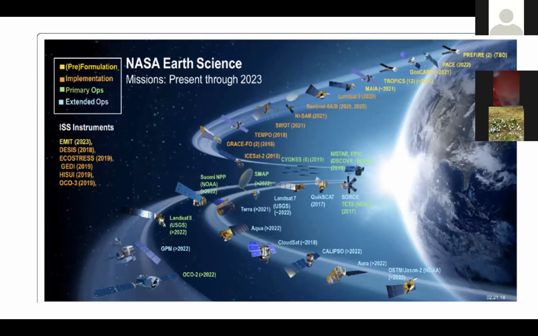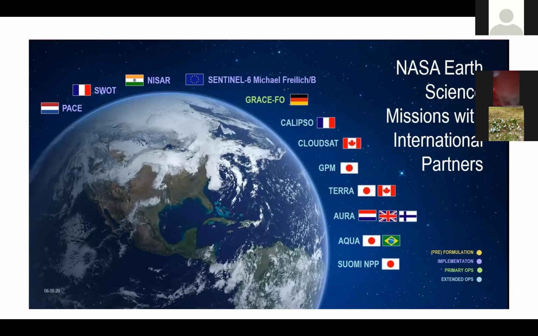Here are the NASA satellites and missions which are planned until the 2020s. So it's not an up-to-date picture, but this is what I could find. Also, the NASA agency and the European agency are not working separately.